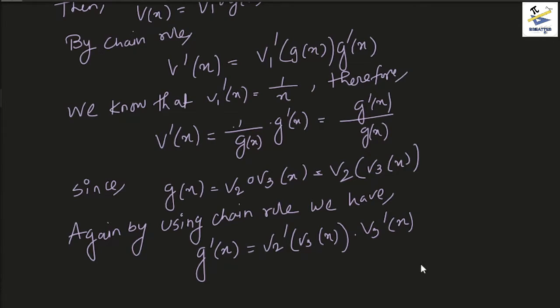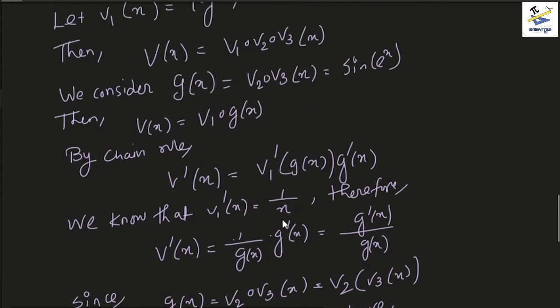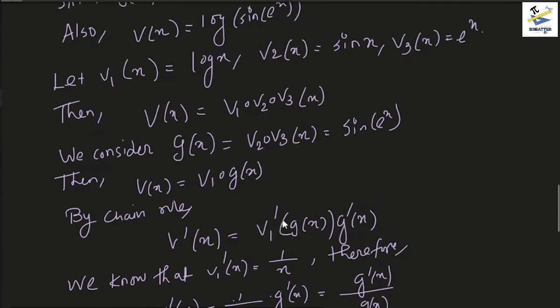We can see that v2 of x was sine x and v3 of x was e to the power x. So their derivatives are: v2 prime x gives cosine of x, and v3 prime x is e to the power x itself.